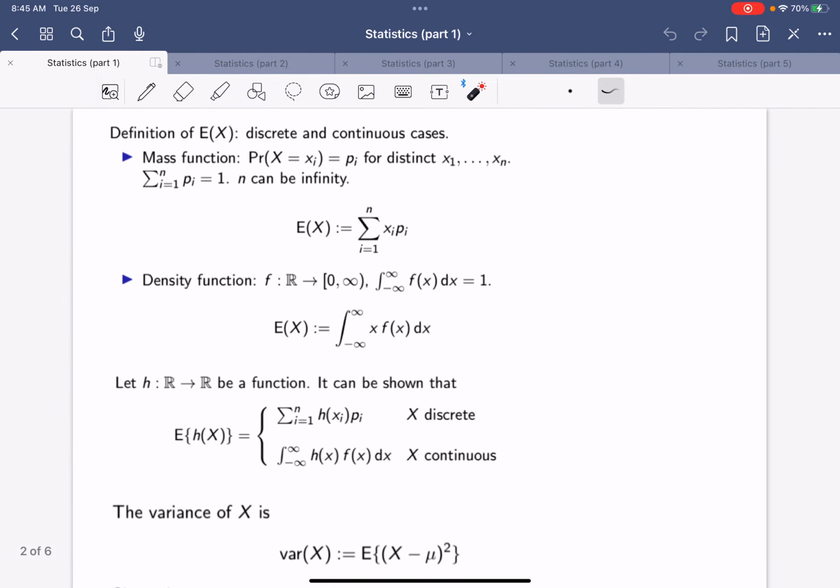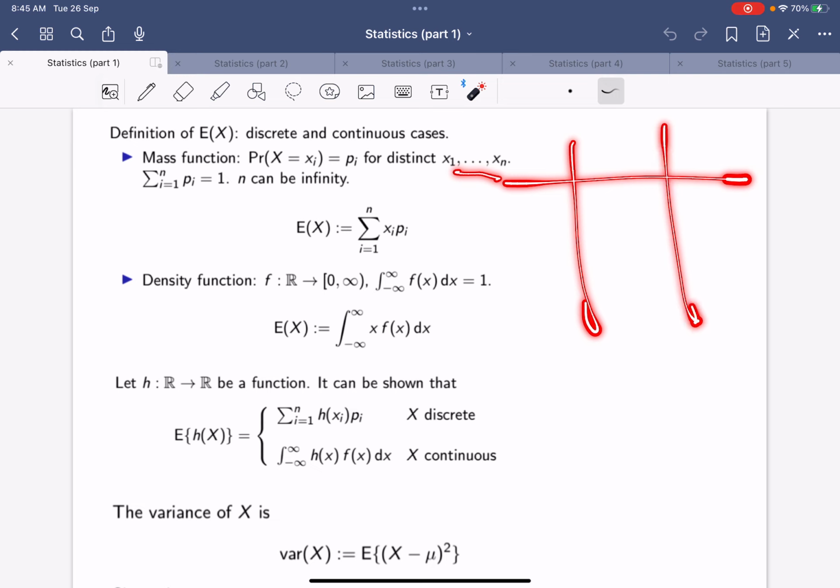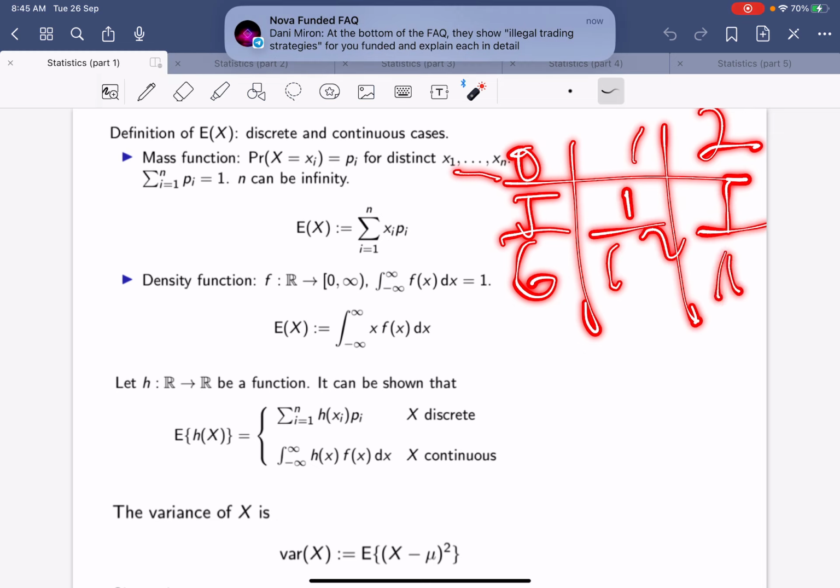Now we move on to understanding what expectation is, and expectation is basically your weighted average. So you've got a mass function with probabilities p_i and values x_i. Let's say we've got a very easy example. We've got 0, 1 and 2. And 0 takes up 5/6, 1 takes 1/12 and 2 takes 1/12.